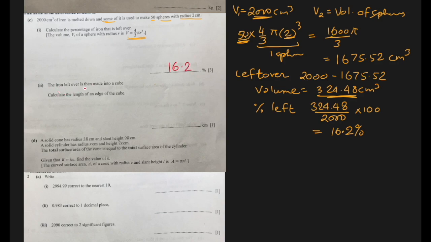The iron left over is then made into a cube. So if I draw a cube like this, calculate the length of an edge of the cube. So if this is x, this edge will also be x, and this edge will also be x. Length, width, and height, all three are x. So that means x times x times x.